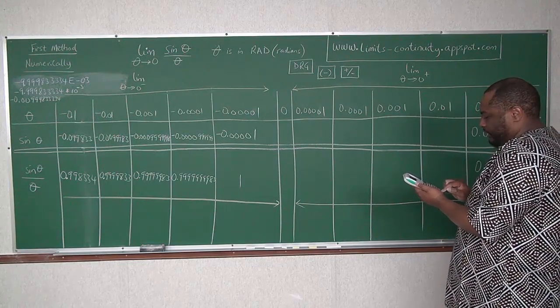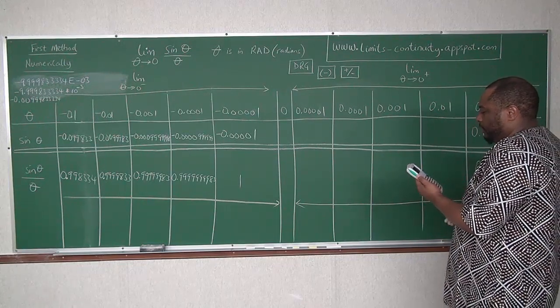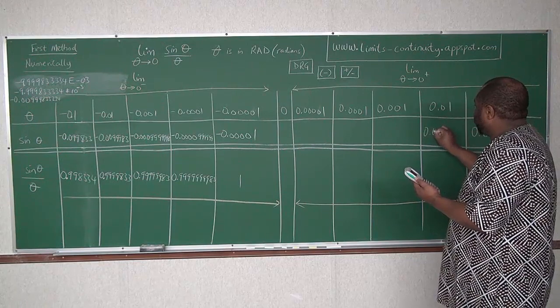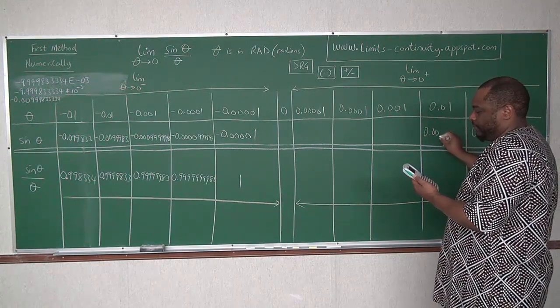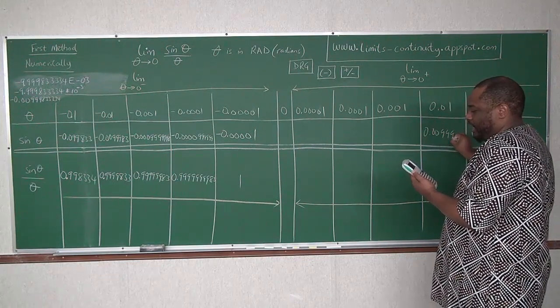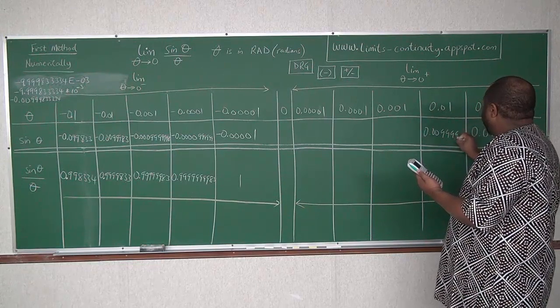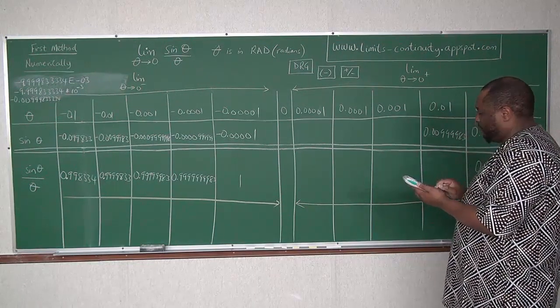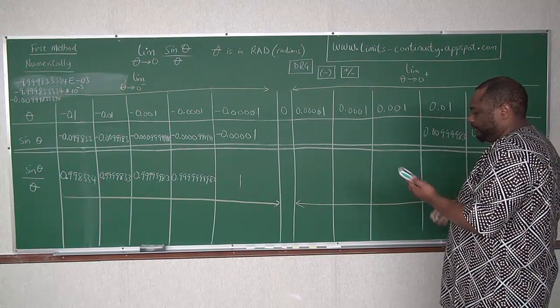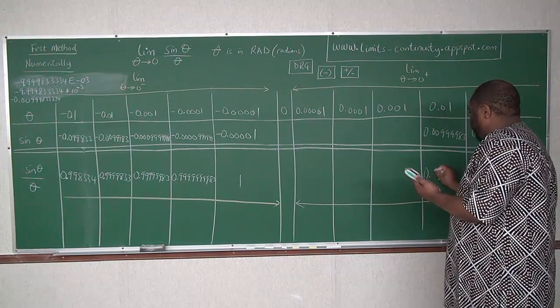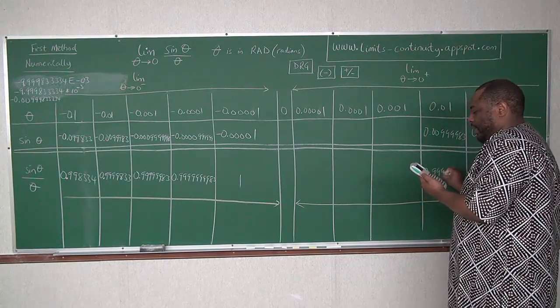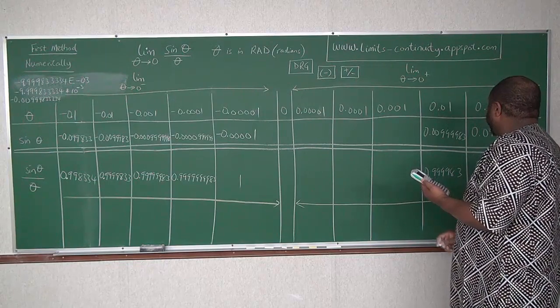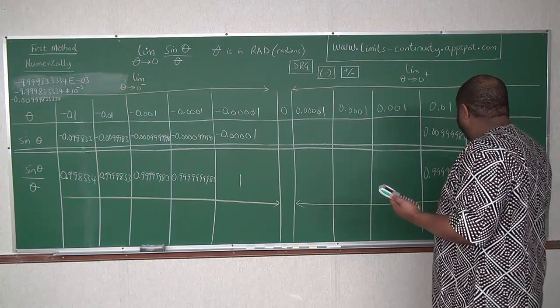Sine of 0.01 is 0.0099983 divided by 0.01, which gives 0.999983. 4 nines, 2 nines, 4 nines.